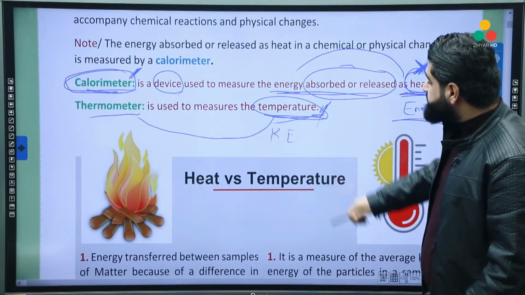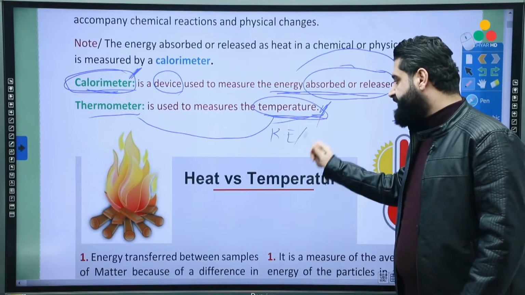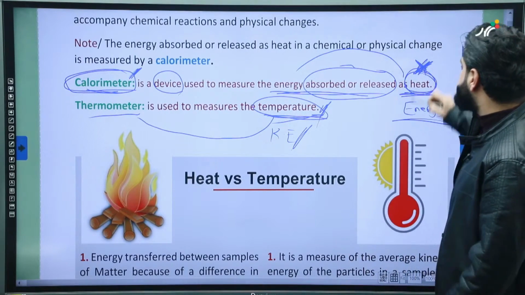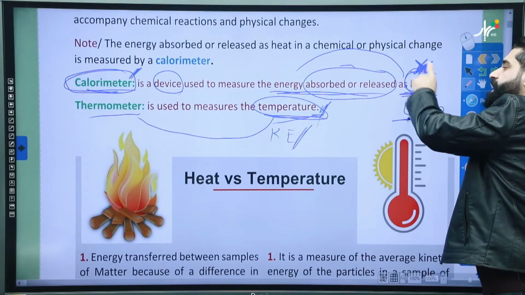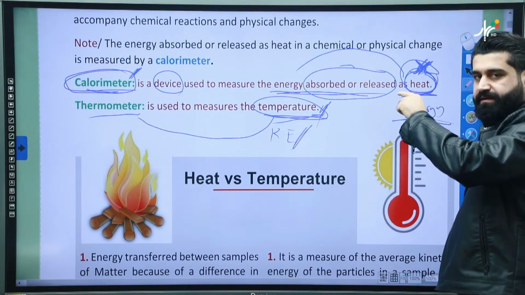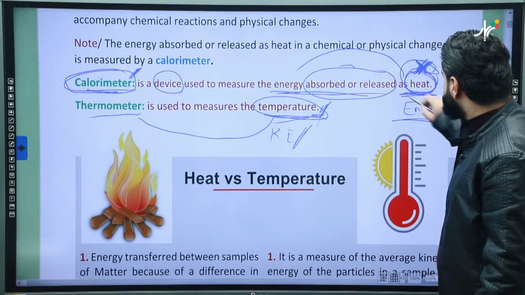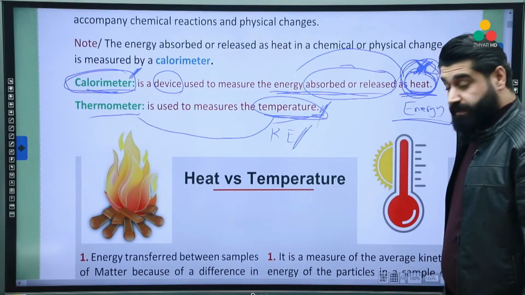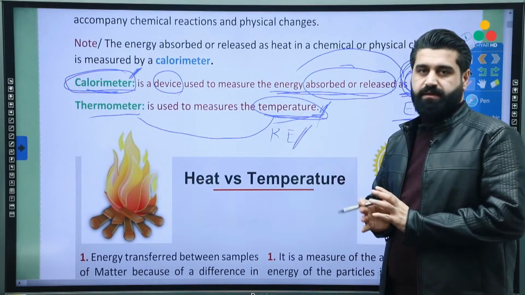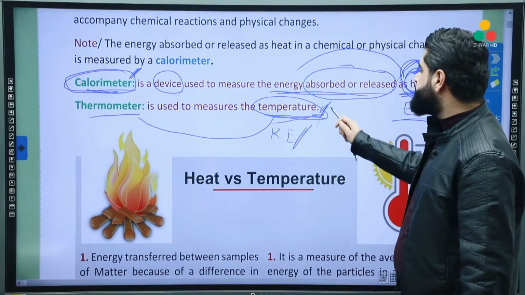But temperature is a measurement of average kinetic energy. Temperature can be measured directly. Heat energy cannot be measured directly, sorry. It's measured indirectly, but temperature can be measured directly.